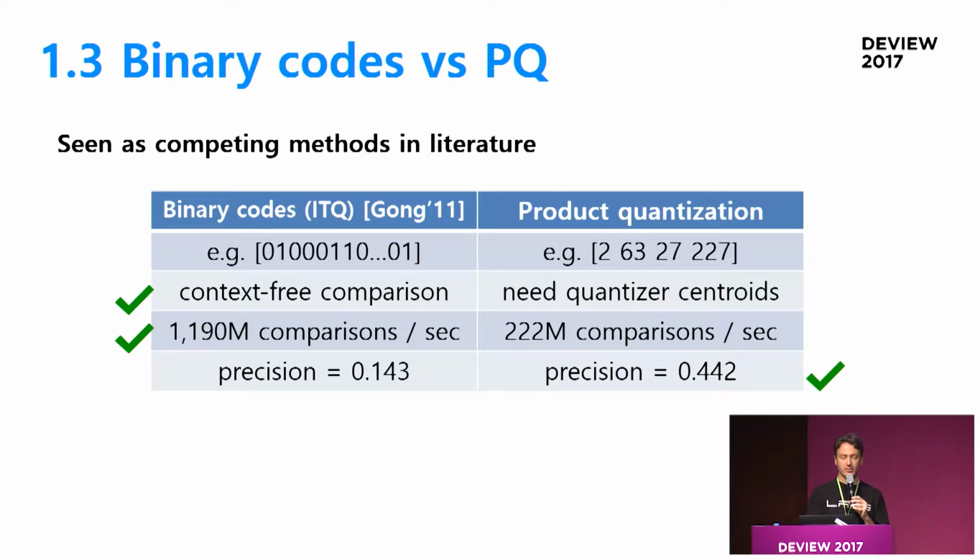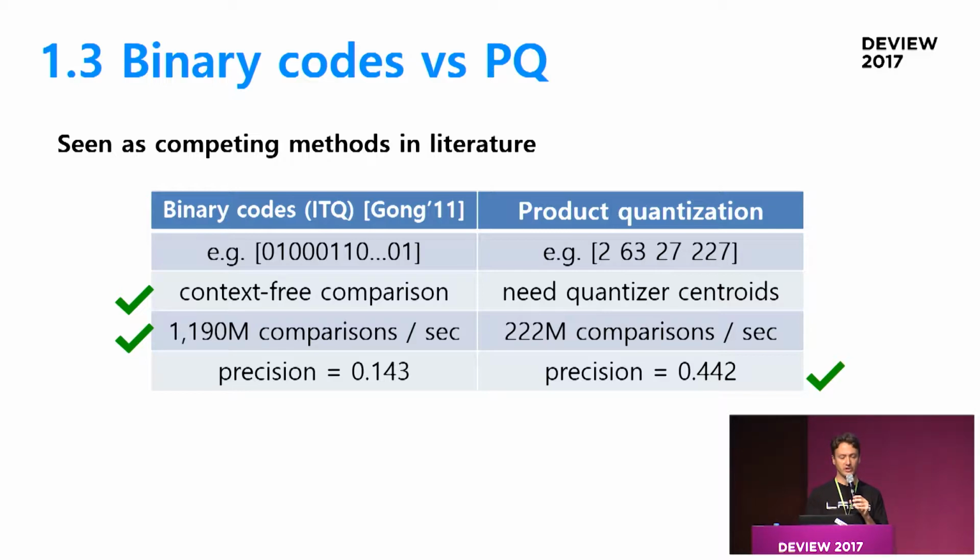So binary codes and PQ types of techniques have been seen as competing methods in the literature. They have different advantages and disadvantages. One advantage of binary codes is that the comparison is context-free, meaning that to compare 2 vectors, you only need these 2 vectors. While in the case of PQ, you need quantizer centroids.